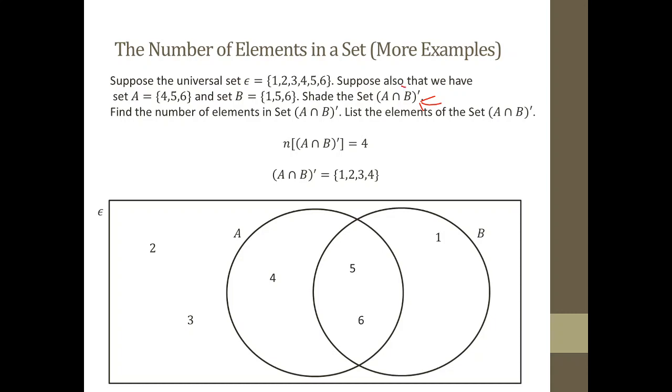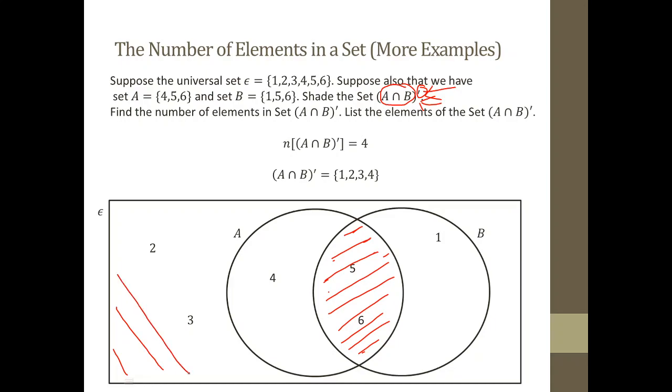So let's shade A intersect B first, which is over here. So this is the region A intersect B. Now we take the complement because there's a prime here. So the complement is everything outside this region over here. So I will be shading now the set bracket A intersect B bracket prime.